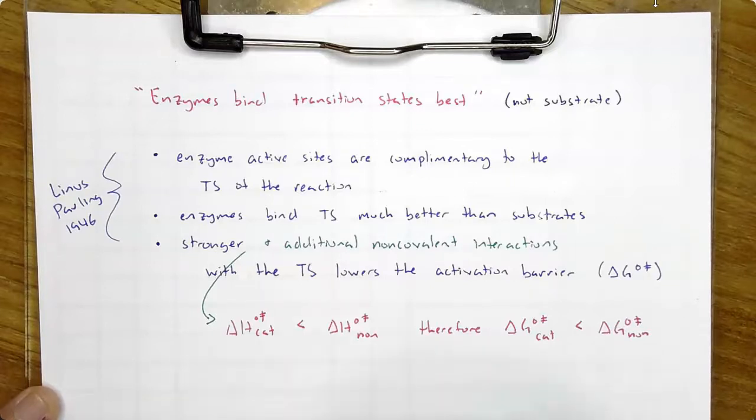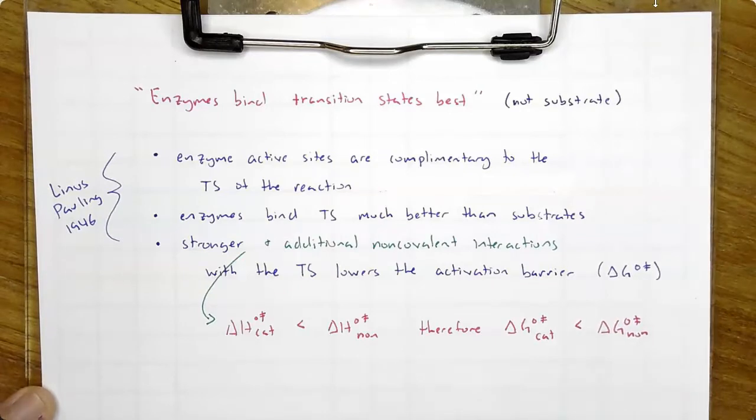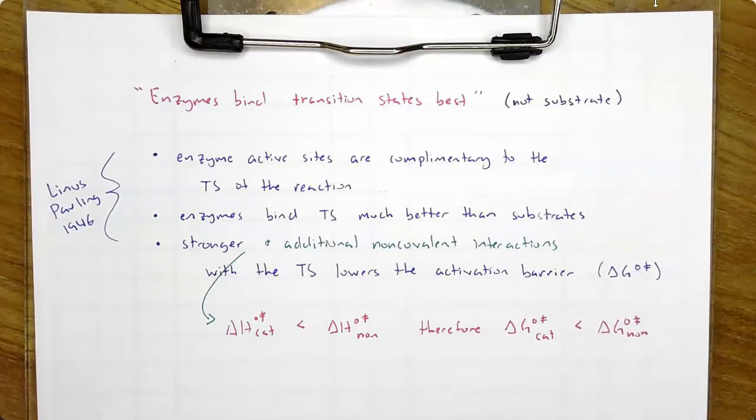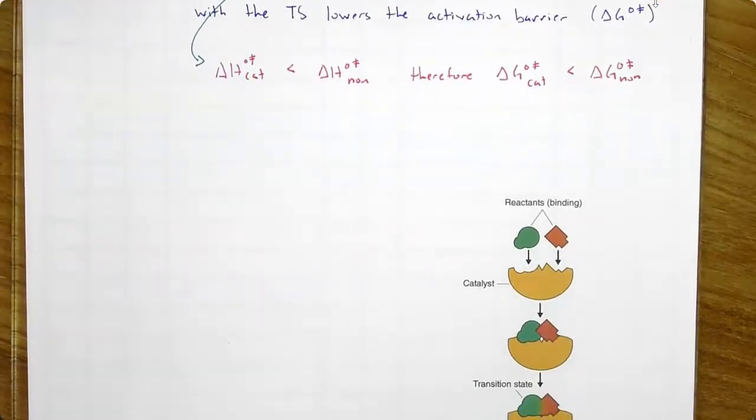And therefore, if that's true, then delta G also is going to be much more negative than the non-catalyzed reaction. I have one more figure that will help summarize what we just said here.